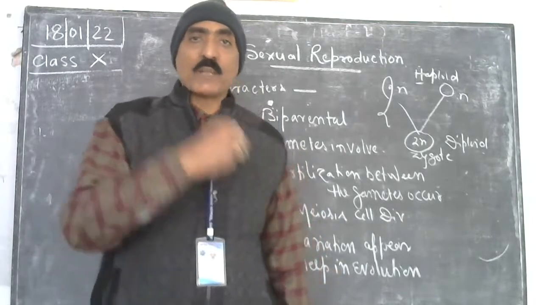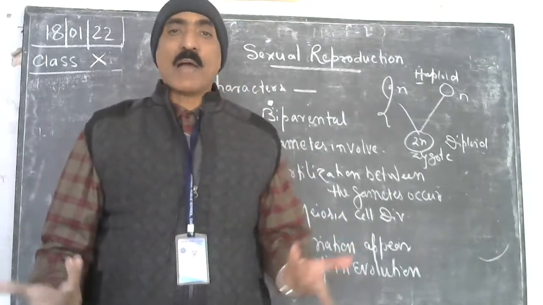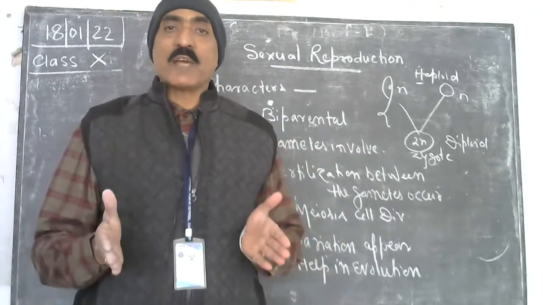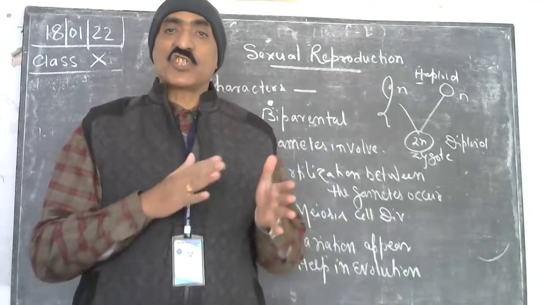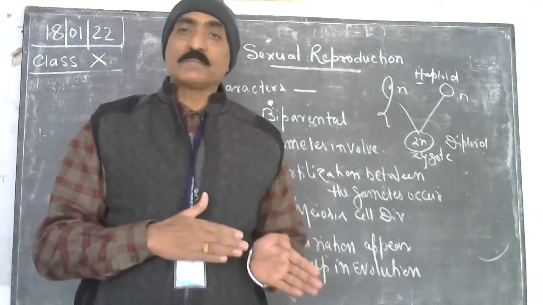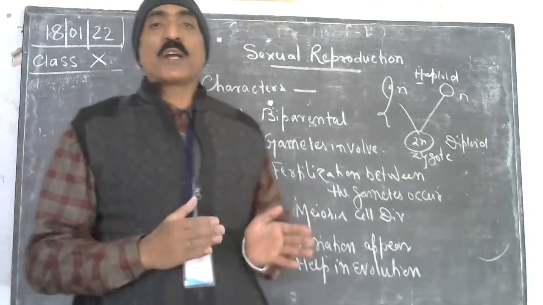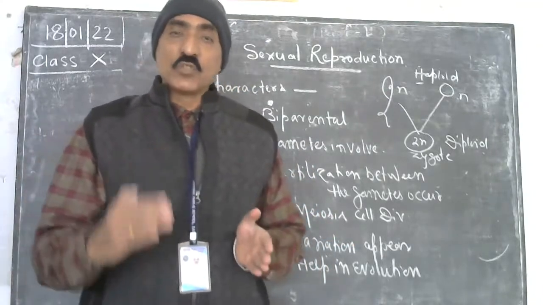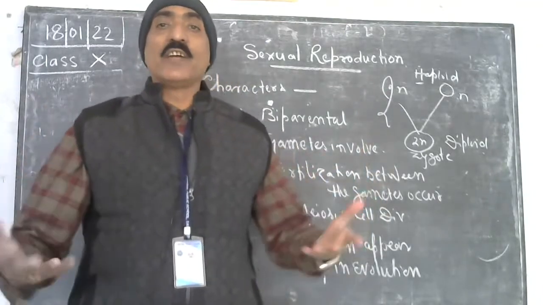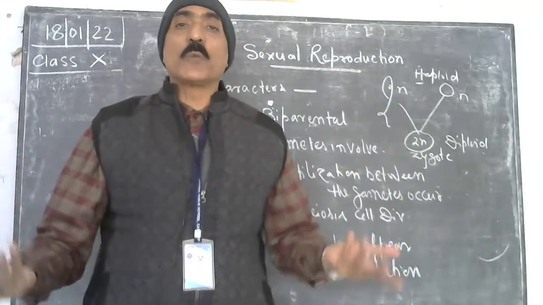But the sexually reproduced organisms have variations, and such variations help the organism to adjust in the changed environment, and such variability becomes the feature of the organism that helps it to evolve with new features.